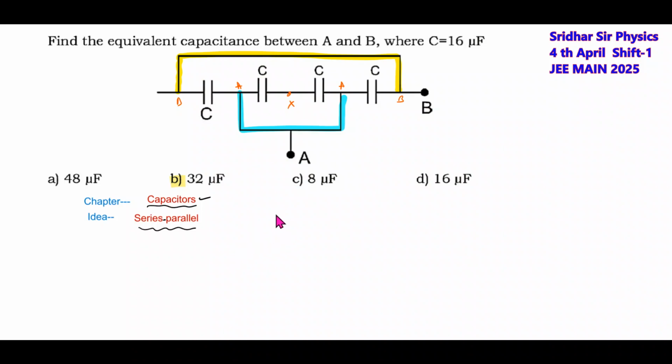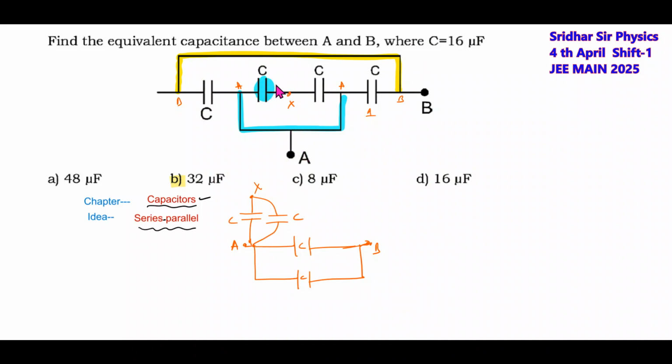We'll draw the equivalent circuit. This is A and this is B. Between A and B, one capacitor. Between the next A and B, one capacitor. Next between A and X, X is somewhere here.